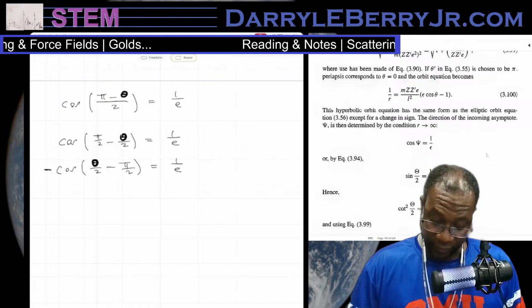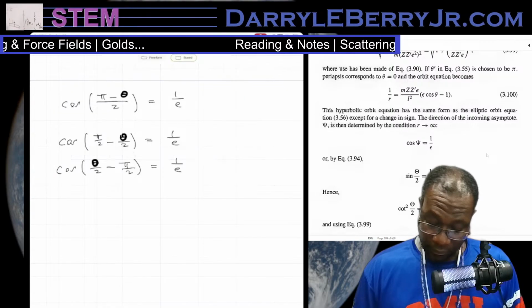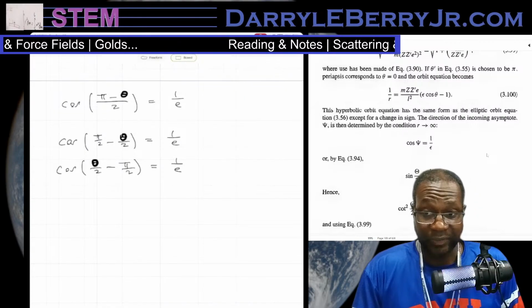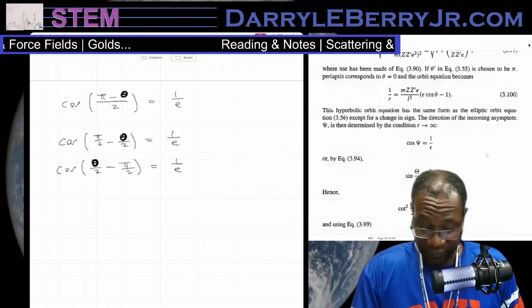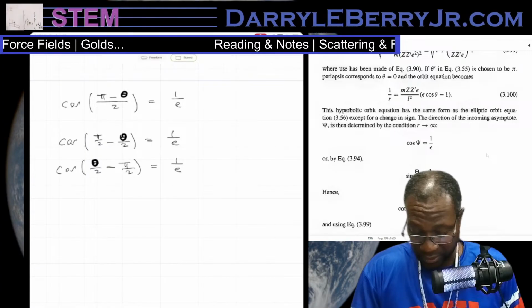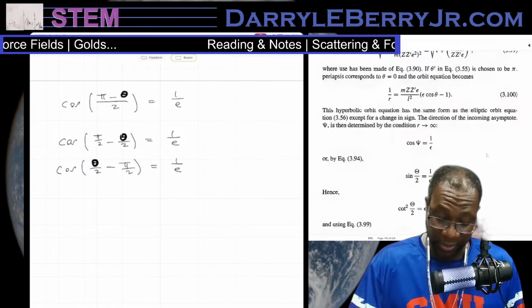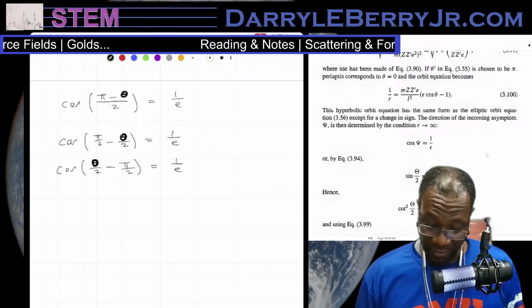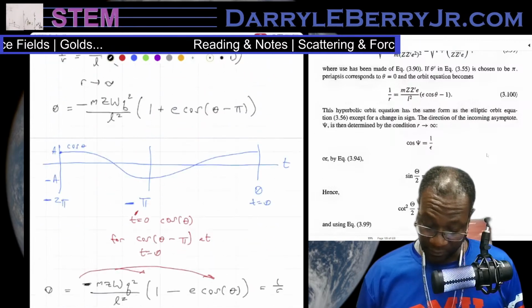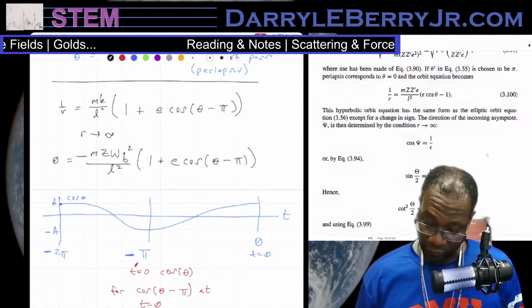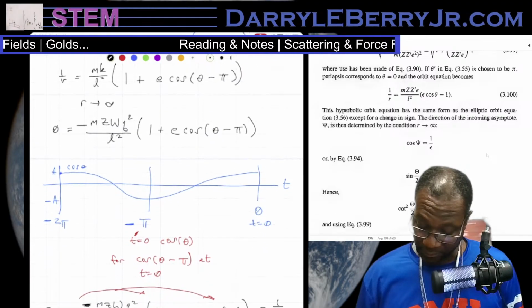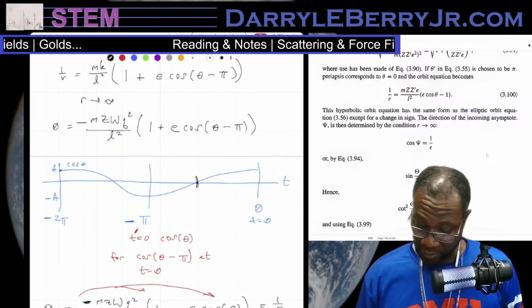If I put a negative in the front, I distribute it, and it's the same thing. And if I shift cosine by pi over 2, you can see how it becomes sine. So our 0 will be here.